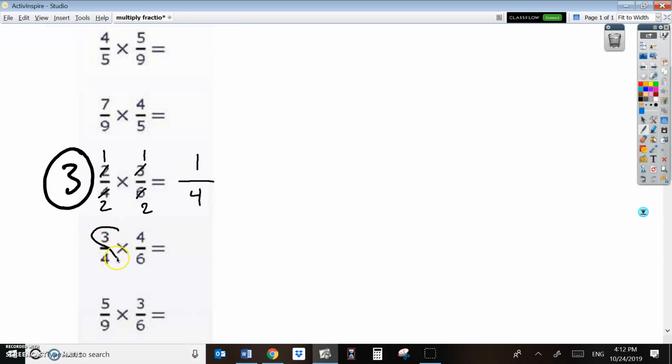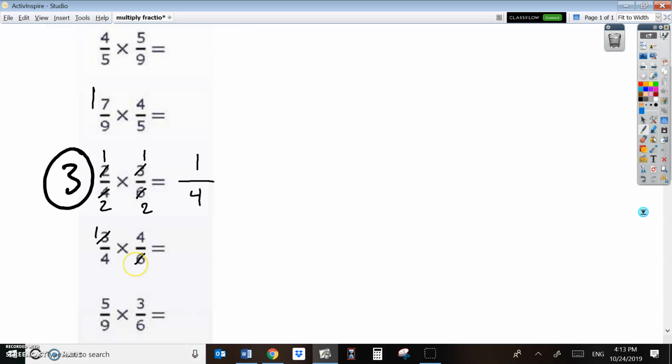Okay, look at 3 and 6. 3 divided by 3 is 1. 6 divided by 3 is 2. And then 4 and 4, divide them both by 4, and you get 1 and 1. Let's make that a little bit neater. So cross off the 3 means you divide by 3 and put a 1.